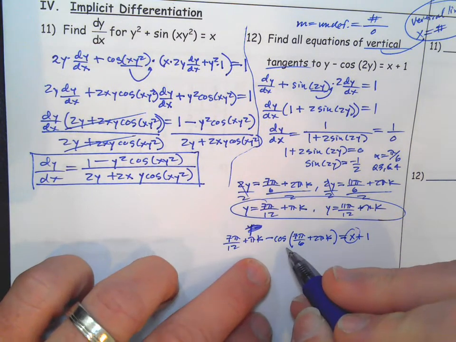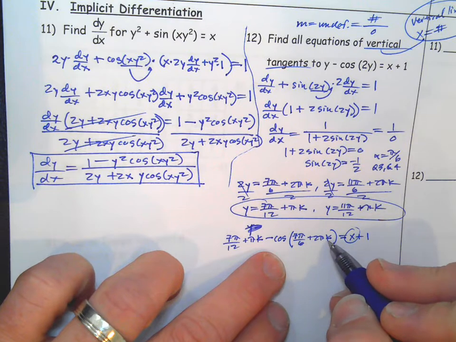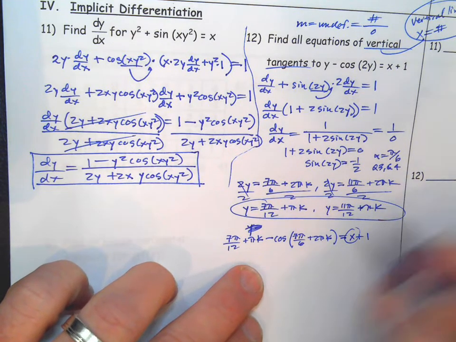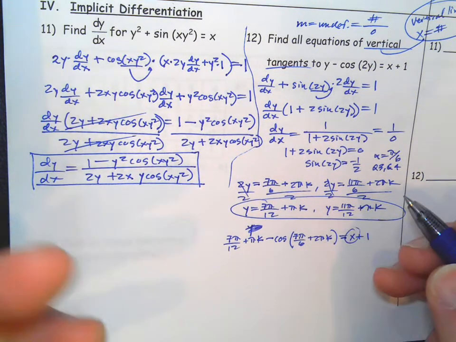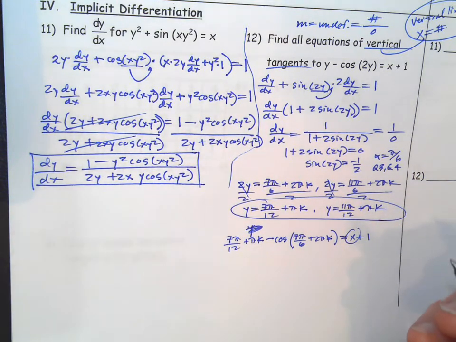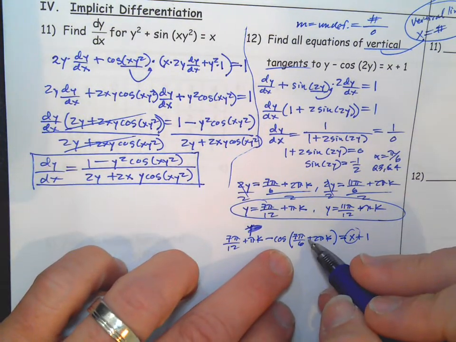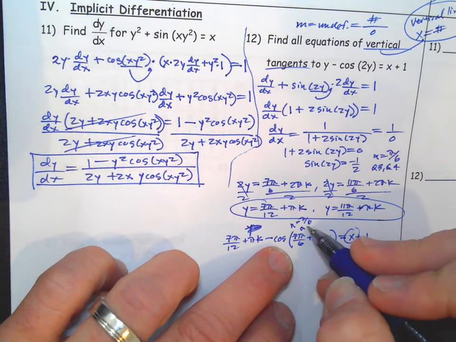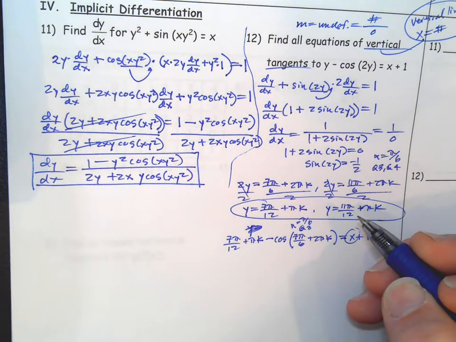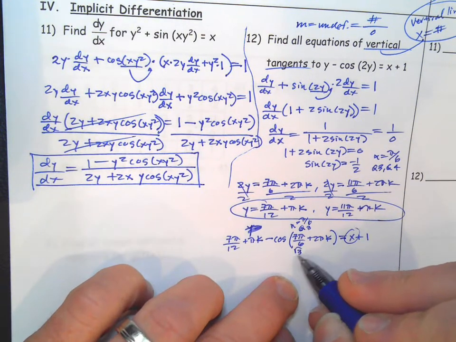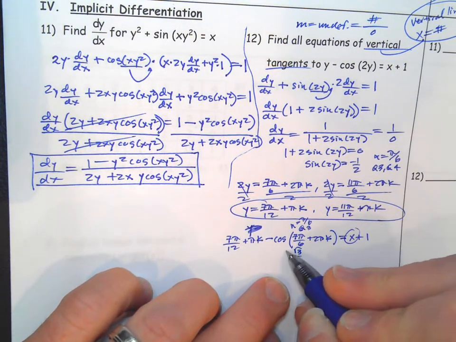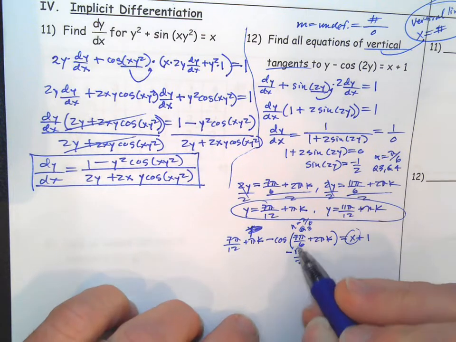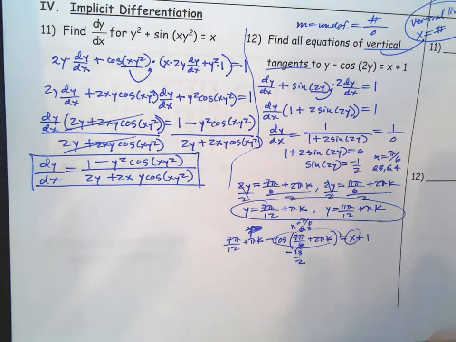So anyways, cosine of 7 pi over 6 plus 2 pi k, that's going to be the same answer every time, right? If you add 2 pi k, that's a coterminal angle. Cosine of 7 pi over 6, that's a reference angle of pi over 6. It's quadrant 3. So it's going to be root 3 over 2, and it's going to be negative. So this whole thing is going to equal that every single time.